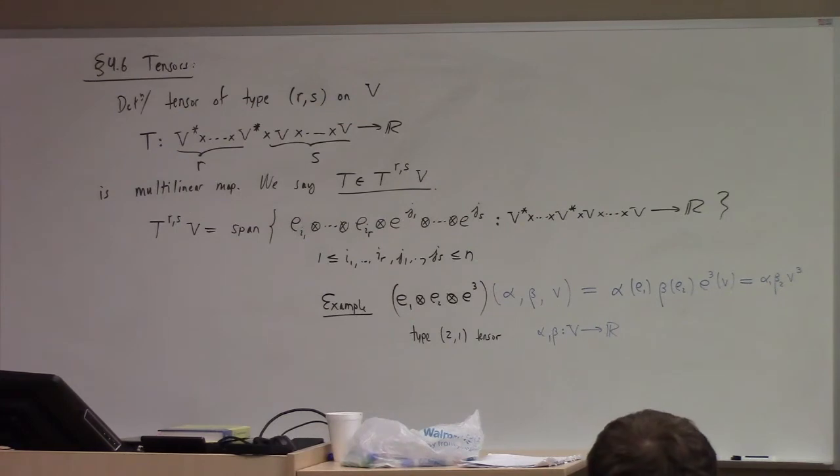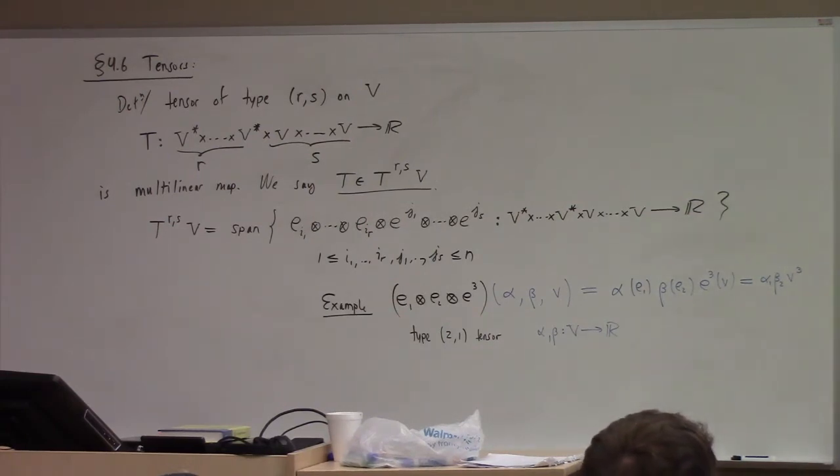You'll see why. And so then this is just a function, and that is getting partial xi1 tensor partial xi2 tensor, and so on, partial xir, tensor dxj1, tensor, tensor dxjs.